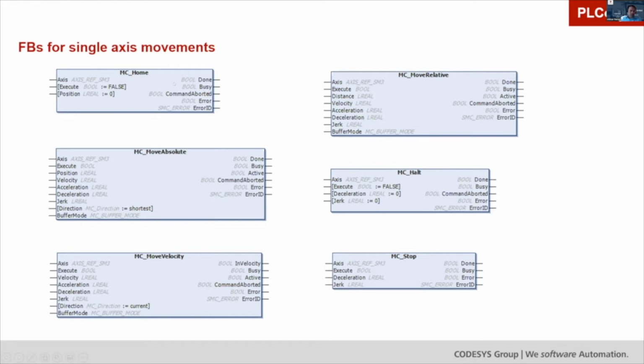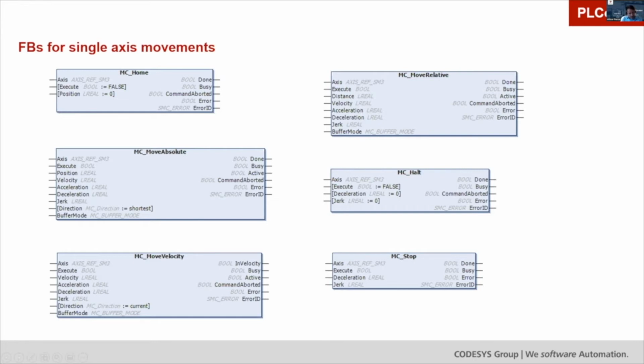And after we have homed the axis, we can start to move it. Of course, we don't have to home every axis. If you have an absolute encoder on the axis, it's not necessary to home it. But of course, for the other types, it's necessary. And then we have this move absolute function block, and that allows us to specify a position where we want to move this axis to.